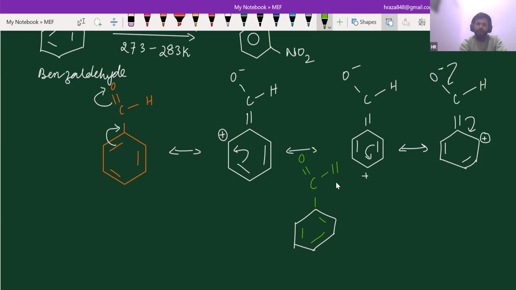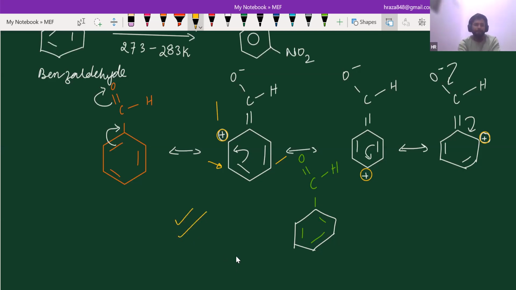So as you can see, if an electrophile, that means an electron deficient species, wants to attack, it cannot attack here because it already has an electron deficient position, and it cannot attack here because it already has an electron deficient position. So it can only attack at the meta position. That's why it is a meta directing group and ring deactivating group.